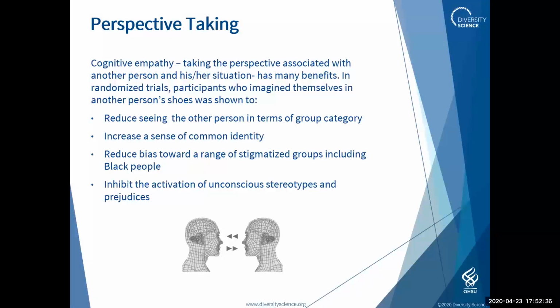It's our ability to see ourselves in the other person's shoes, look at things as if we're looking at them through their eyes. There's quite a lot of research that just taking a moment to imagine yourself in the other person's shoes, try to see things through their eyes, will derail bias. It's a bias preventive strategy in that interaction with that person.